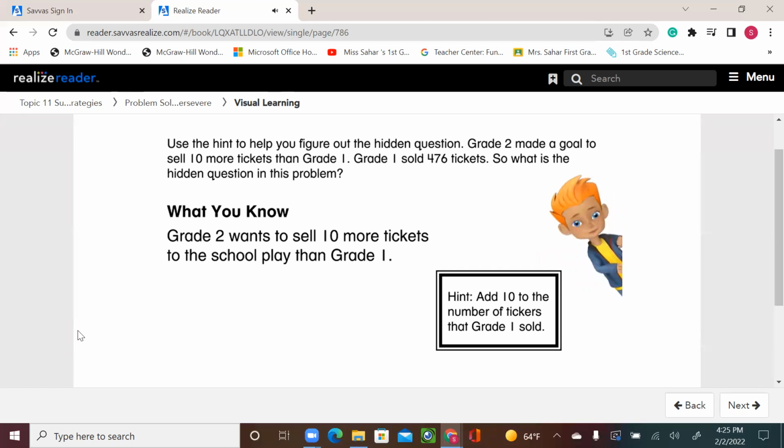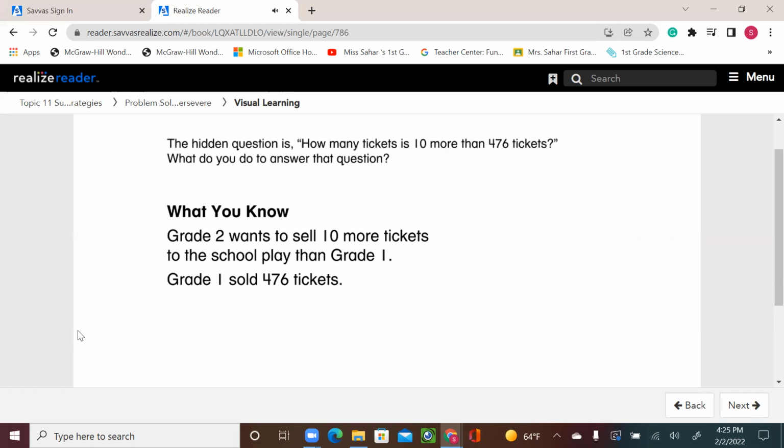Grade 2 made a goal to sell 10 more tickets than Grade 1. Grade 1 sold 476 tickets. So what is the hidden question in this problem? The hidden question is, how many tickets is 10 more than 476 tickets? What do you do to answer that question? Select your answer.